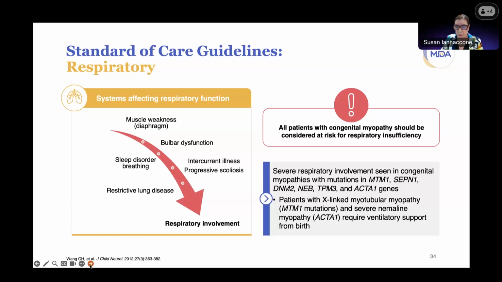There is some association between the genetic mutation and the risk of respiratory involvement. And patients with myotubular myopathy and severe pneumonia are at the highest risk for needing ventilatory support. Next.